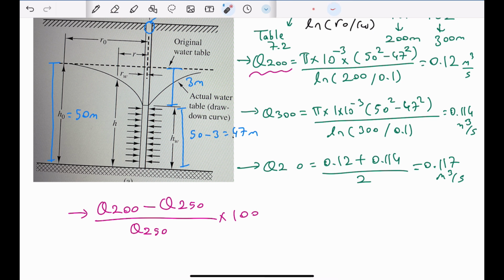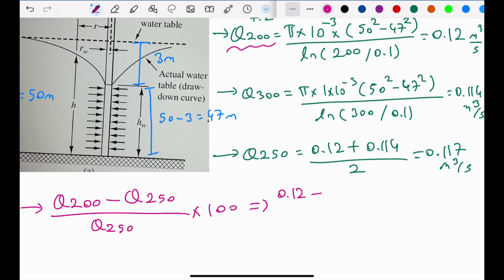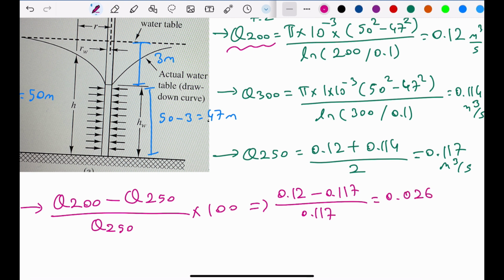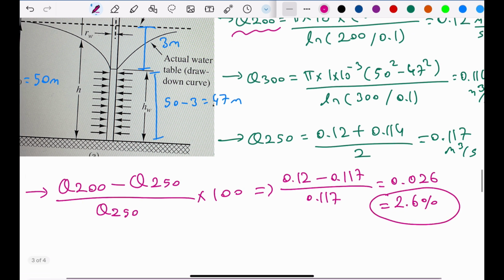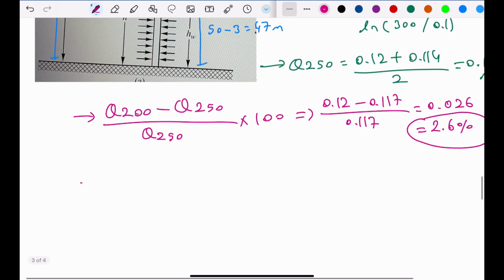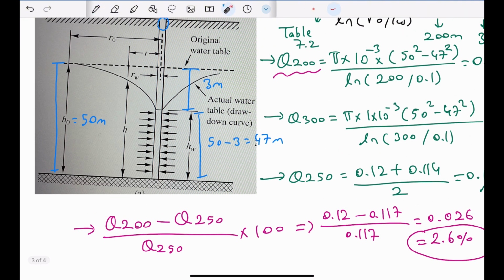And so this is going to be 250. So we have 0.12 minus 0.117 over 0.117, and it gives 0.026, and this is equal to 2.6% change in the discharge. And you can also do that if you want to use value of 300.